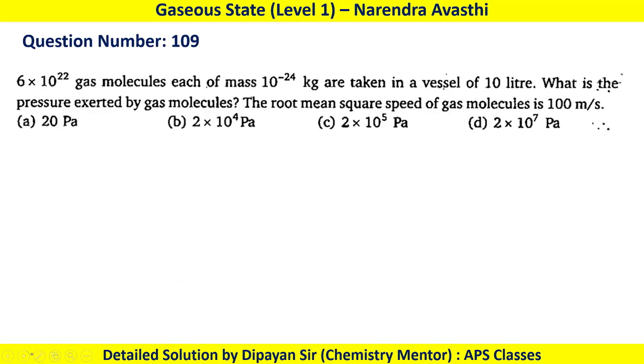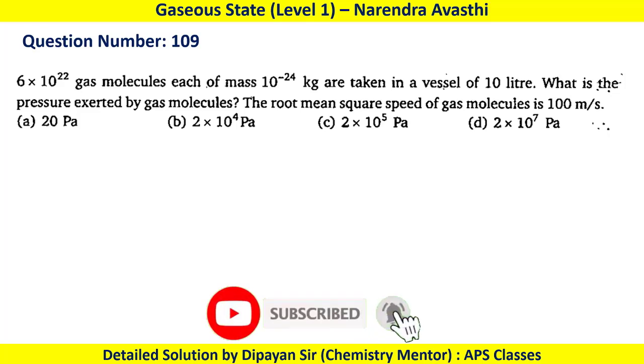In question number 109, 6 into 10 to the power 22 gas molecules, each of mass 10 to the power minus 24 kg, are taken in a vessel of 10 liter. What is the pressure exerted by the gas molecules? The root mean square velocity is given like this.